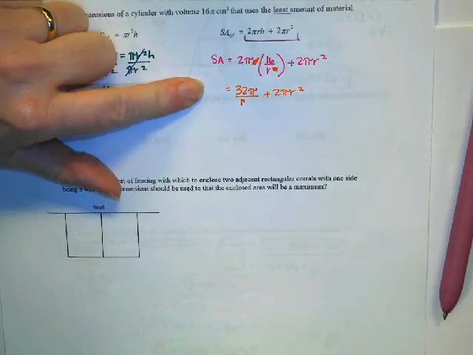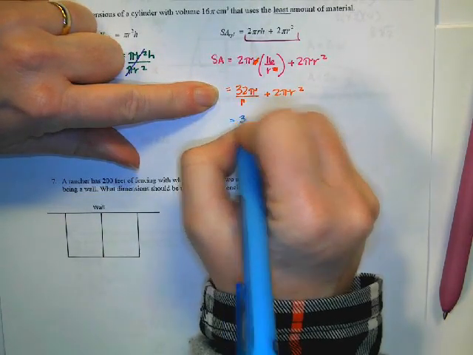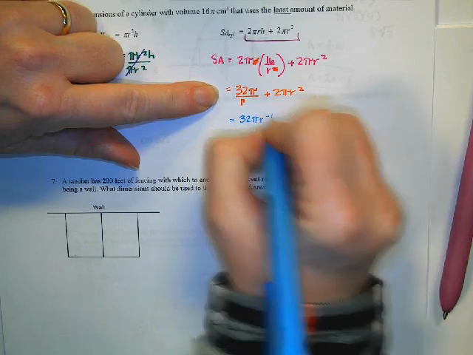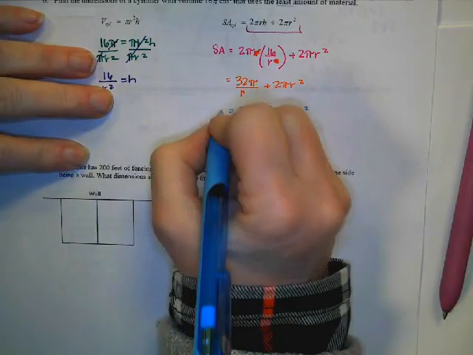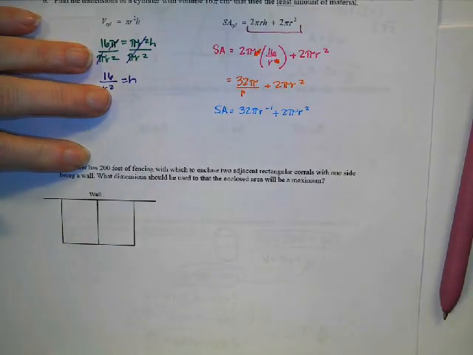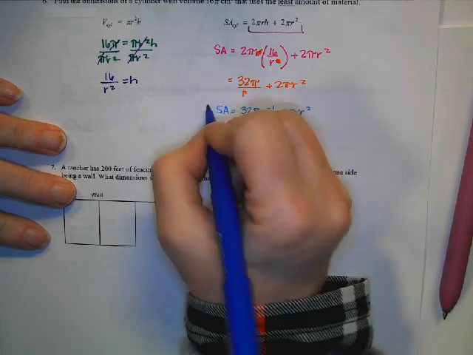Now, because I want a power rule, I'm going to move that r upstairs and make it 32 pi r to the negative 1 plus 2 pi r squared. That is my formula for surface area before I've taken the derivative. So now let's go ahead and take the derivative of that.